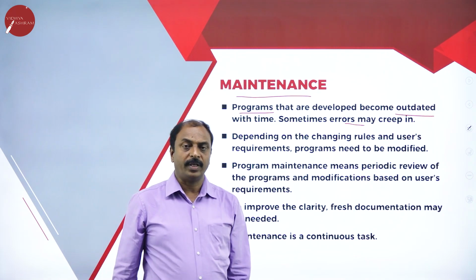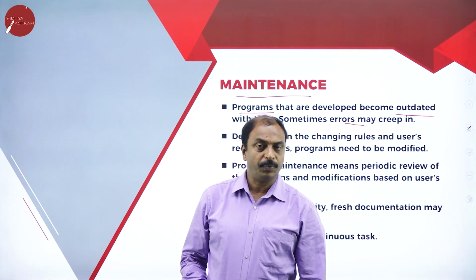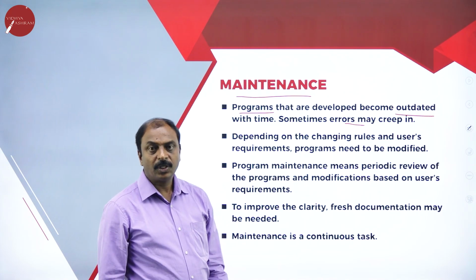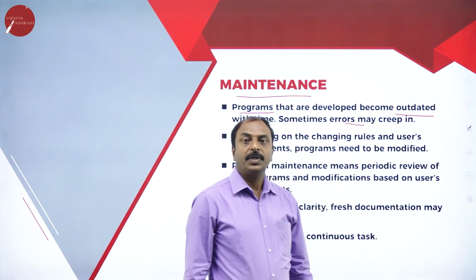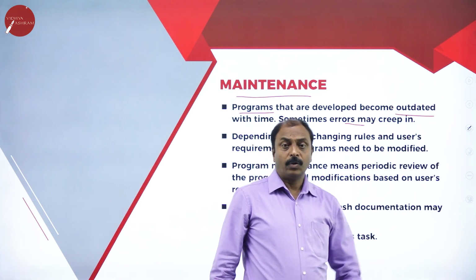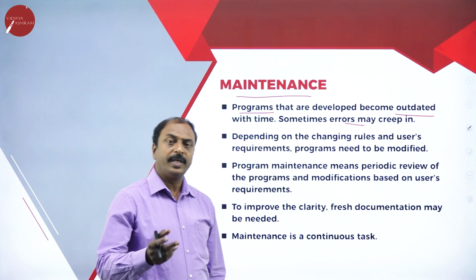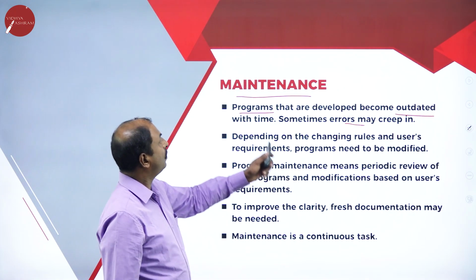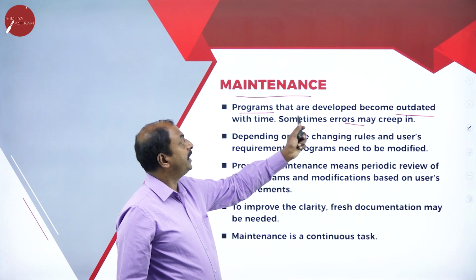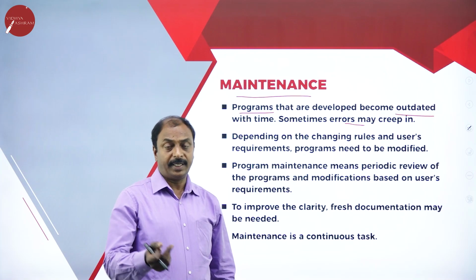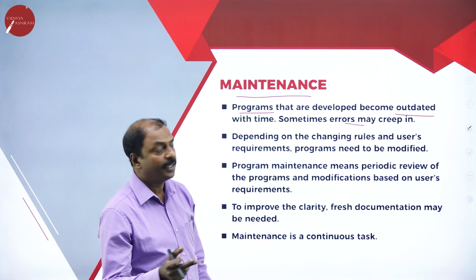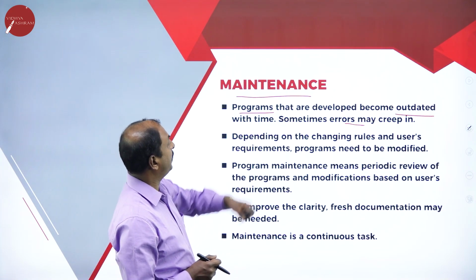Suppose any software or application has been developed today; after 3 months, 6 months, or 1 year, it will be outdated, in the sense that we cannot make use of it because of different technical specifications. So very frequently these programs have to be updated, meaning we have to keep changing them. That is the meaning of program maintenance.